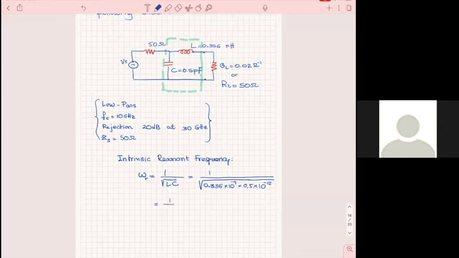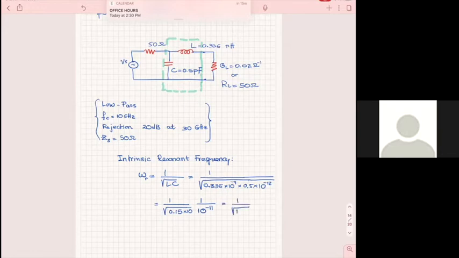This is going to be 1 over the square root of, approximately, 0.15, times 10, and then minus 11. Do you agree with this? It's therefore 1 over the square root of 1.5 times 10 to the 11th. Any comments about that?